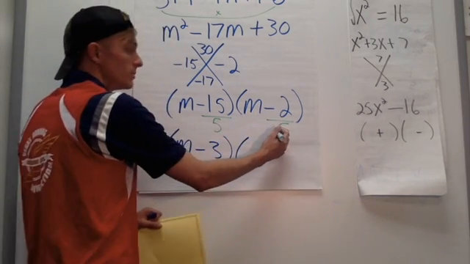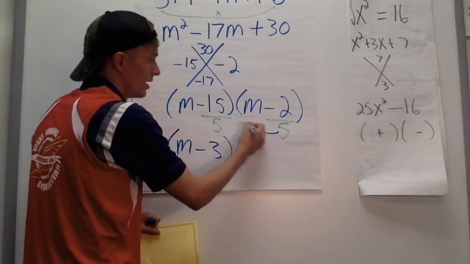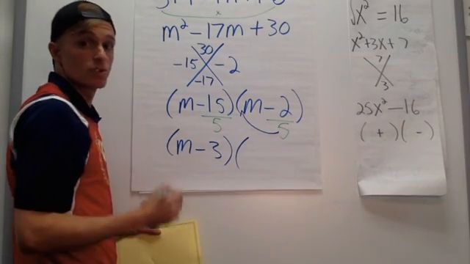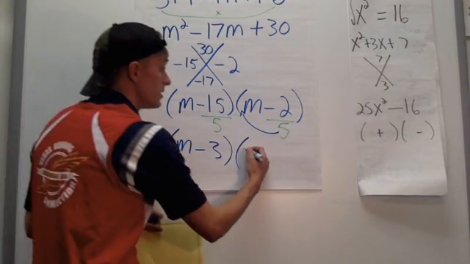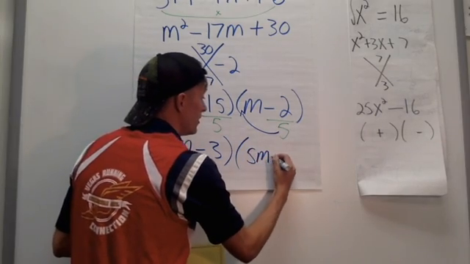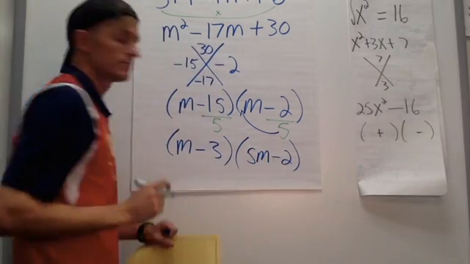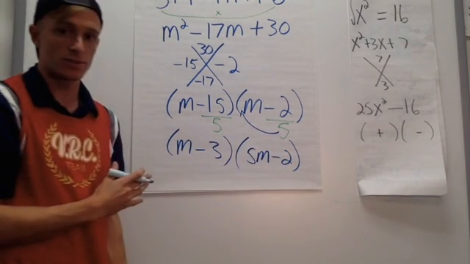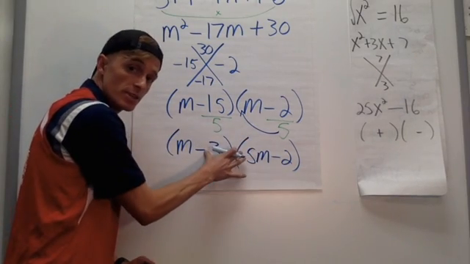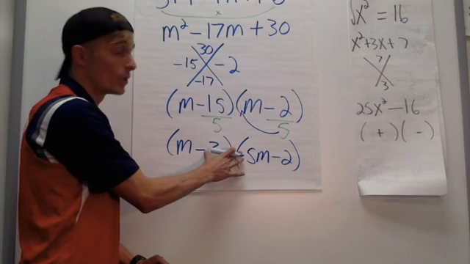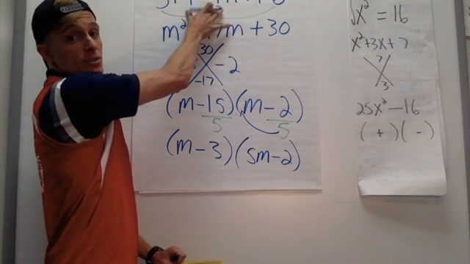So what we have to do is take our bottom and bring it up. So our new factor is 5m minus 2. And these are our two factors. If I multiply these two things back together, guess what it is going to give me? It's going to give me my original problem.